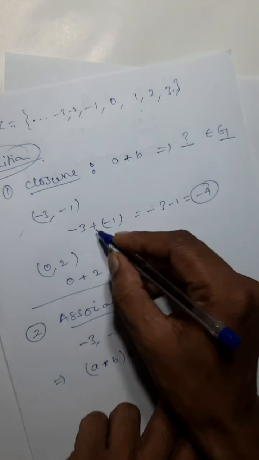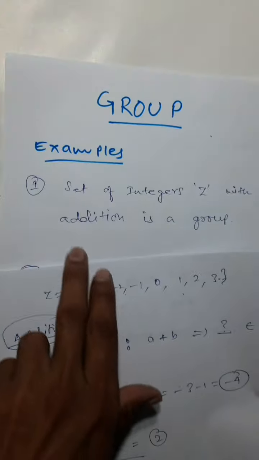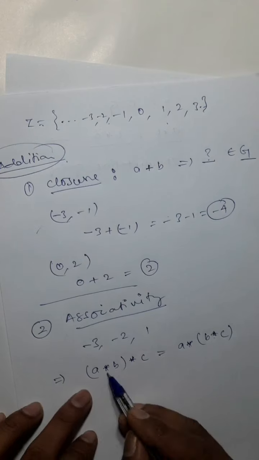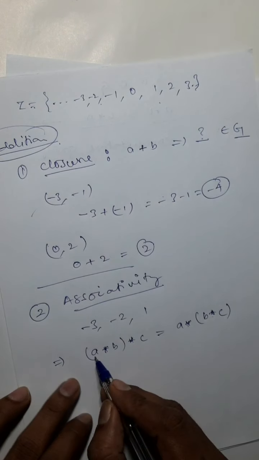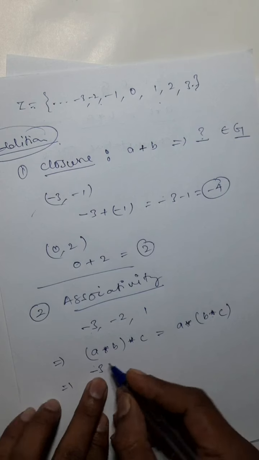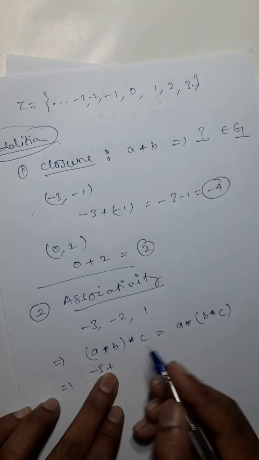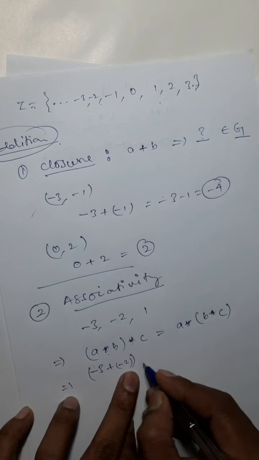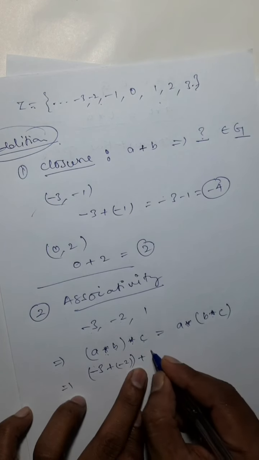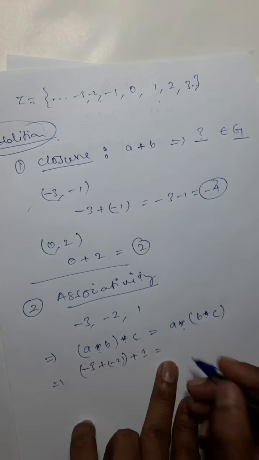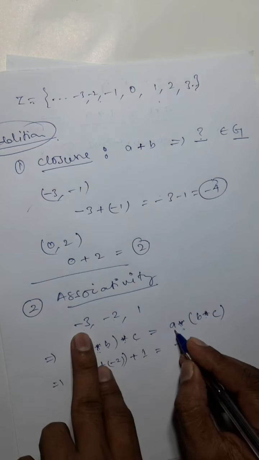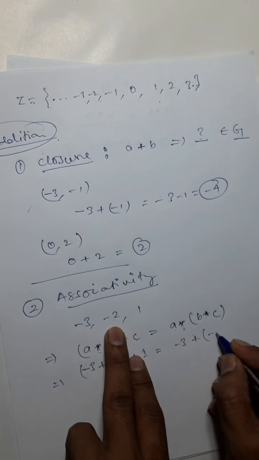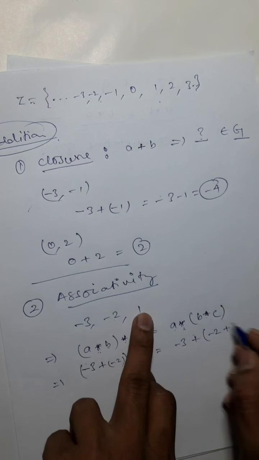Star here is addition, because we are working with addition. So let a be -3, b be -2, and c be 1.